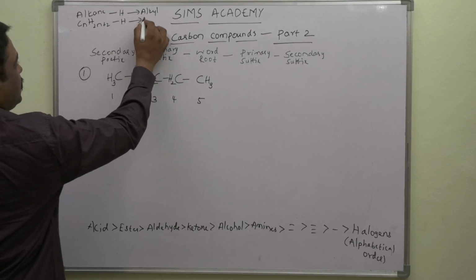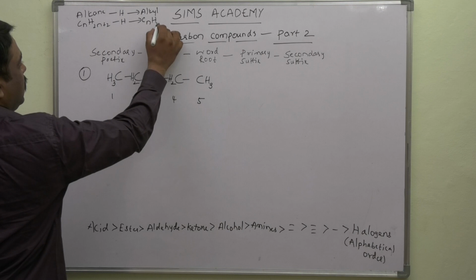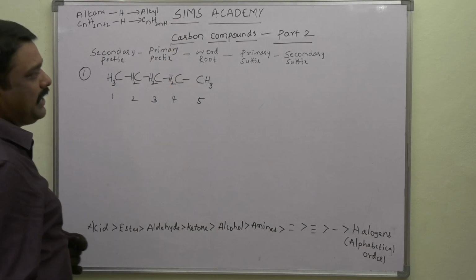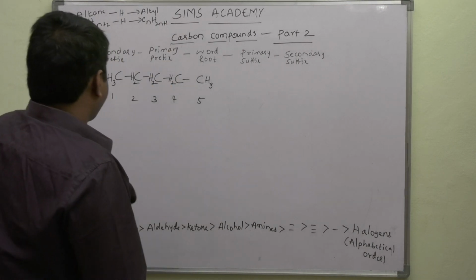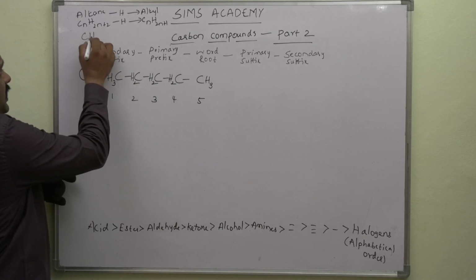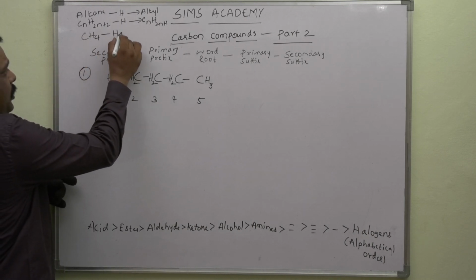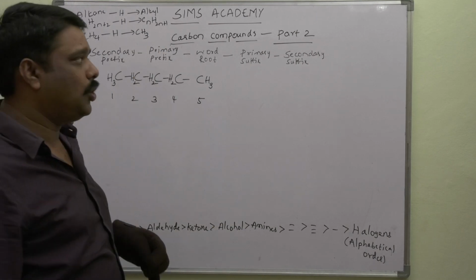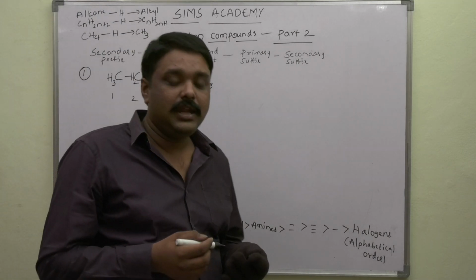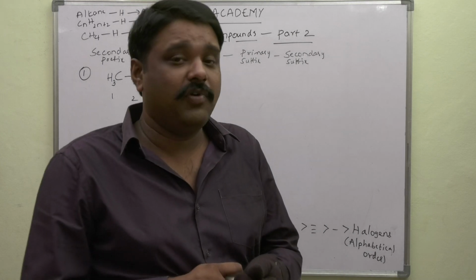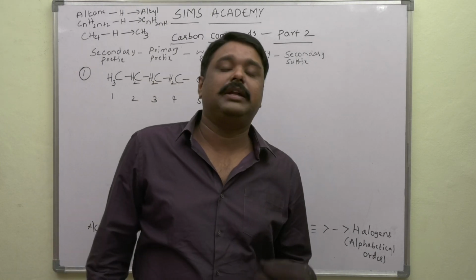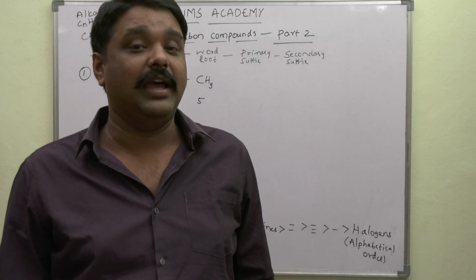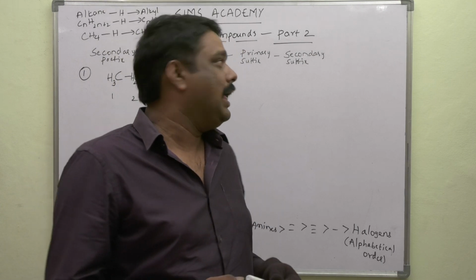If I remove one hydrogen atom, I am left with CnH2n+1. Suppose methane CH4, if I remove one hydrogen atom, I get CH3, the methyl group. Similarly, ethane C2H6, if I remove one hydrogen, I get C2H5, the ethyl group.